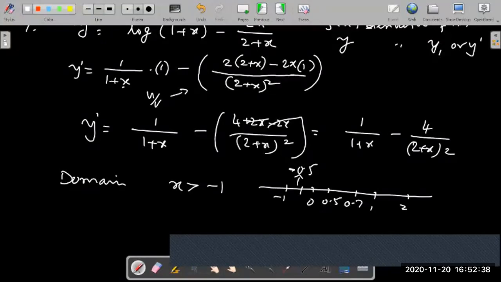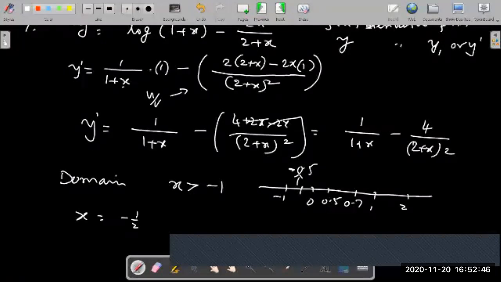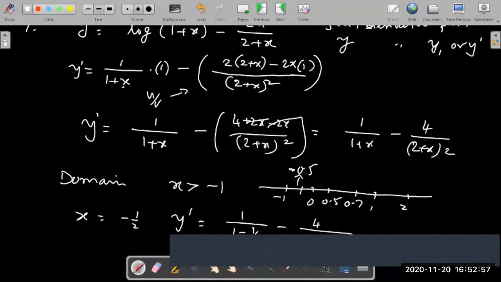So we need to see first of all, since it's greater than minus 1, let us give x equal to minus half. That's minus 0.5. So then y dash becomes 1 by (1 minus half) minus 4 divided by (2 minus half) whole square.